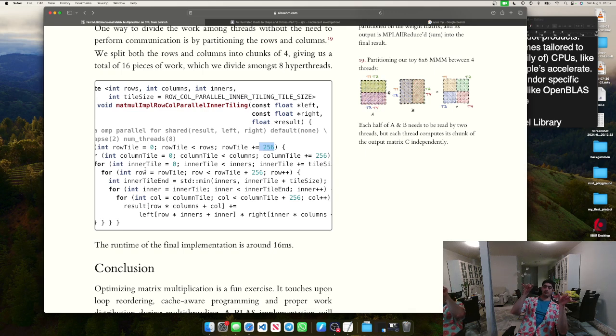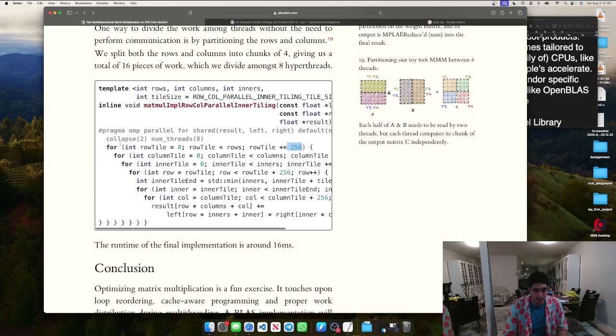Eight times 4, because you're doing 4 rows times 4 columns, and that's 128. 8 times 8 times 4. That gives you 256. Yes.